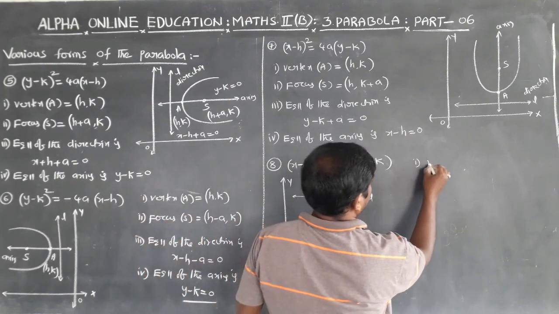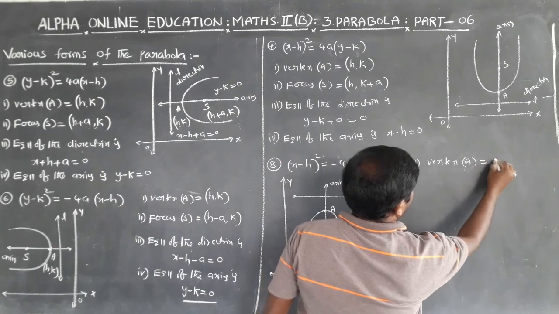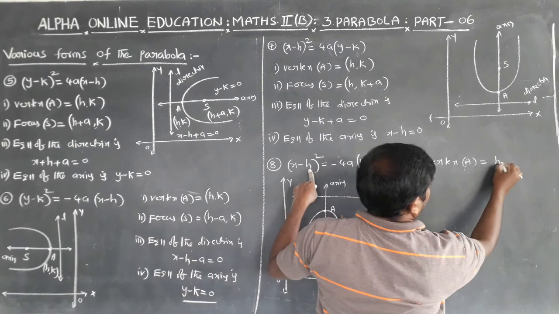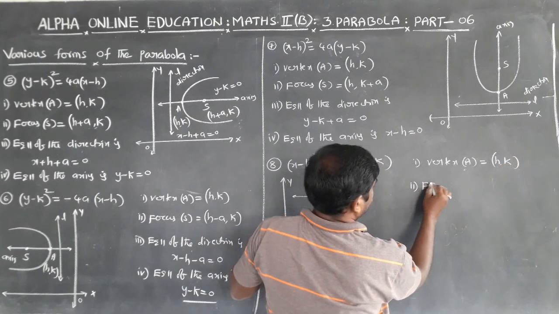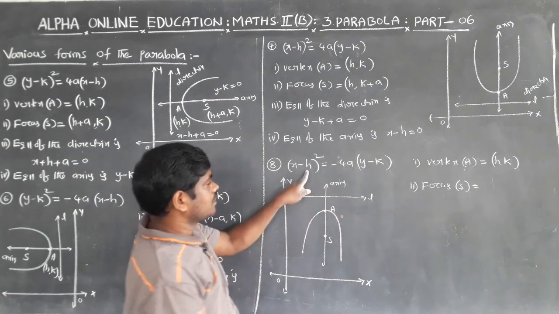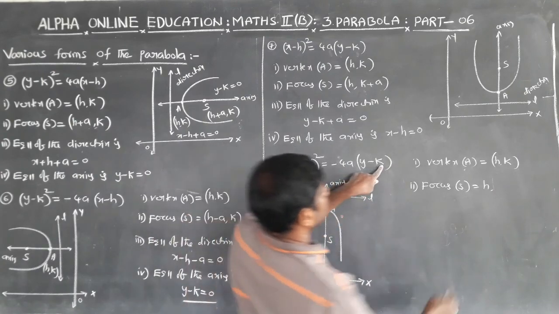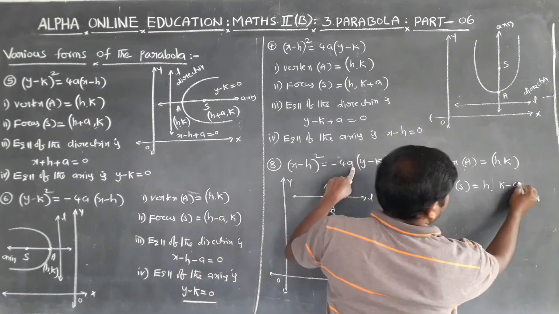Number one is vertex. Vertex A is equal to h comma k. Second one is focus. Focus S is equal to x coordinate h, y coordinate k minus a.